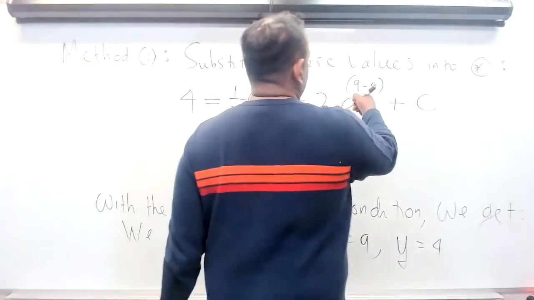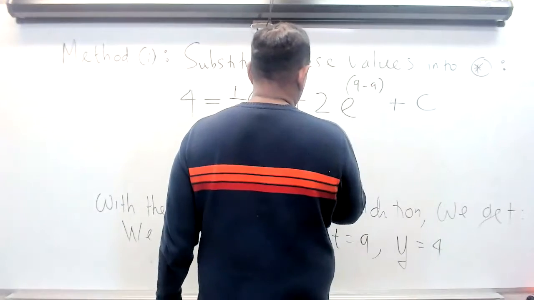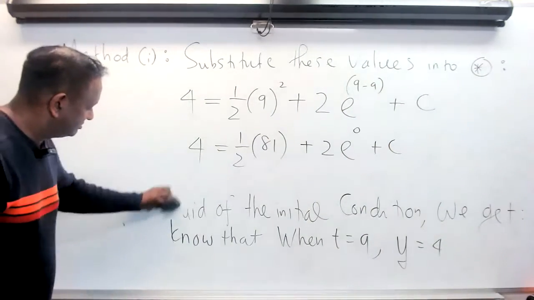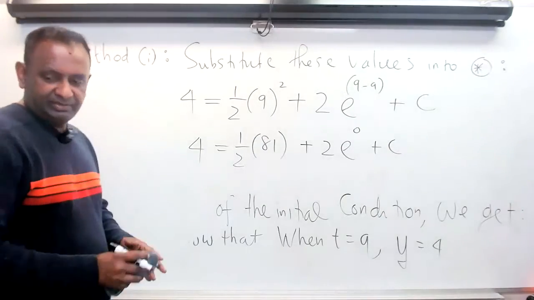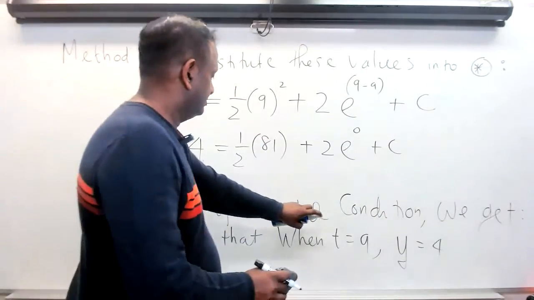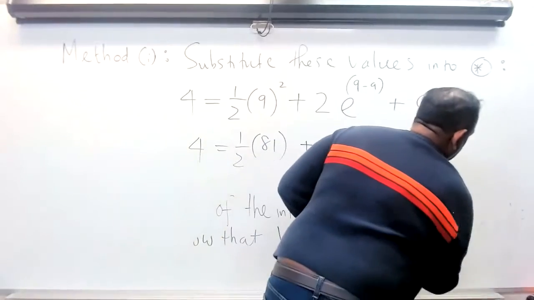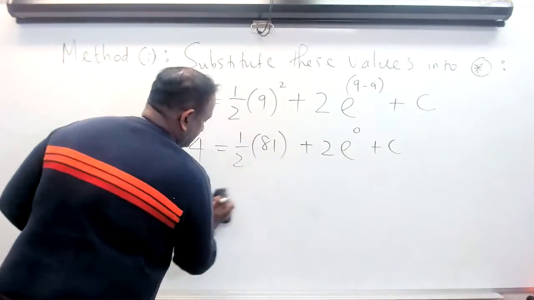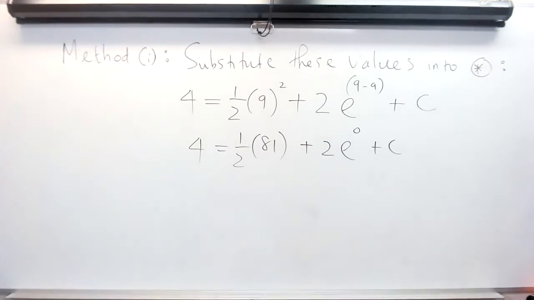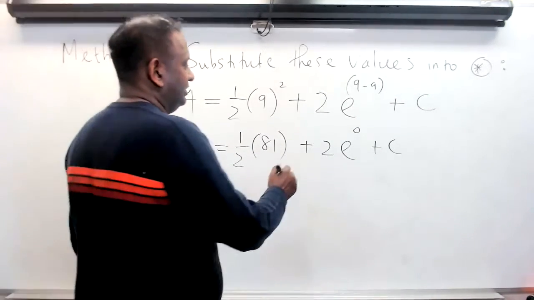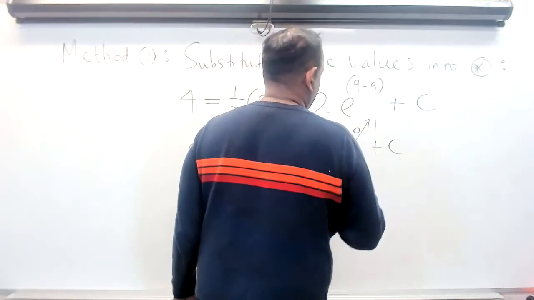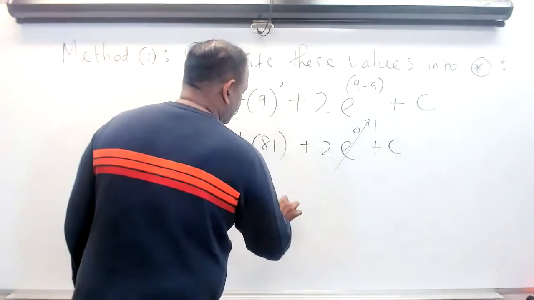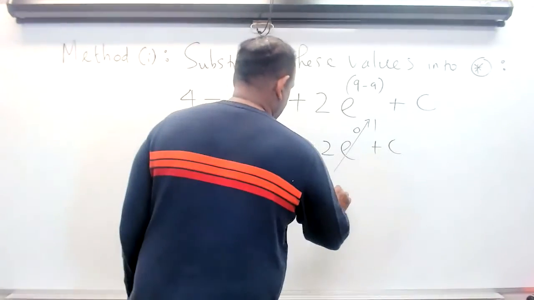This exponent is 0, and e to the 0 is 1. Therefore, you have half of 81, which is 81 over 2, plus 2, plus c.